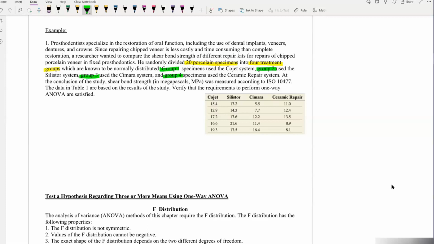At the conclusion of the study, shear bone strength was measured according to ISO, and the result is here in this table.